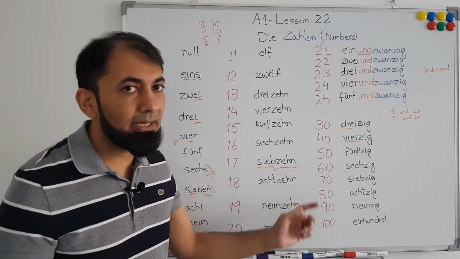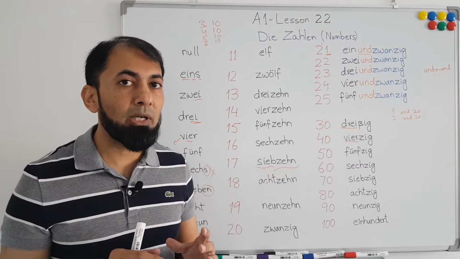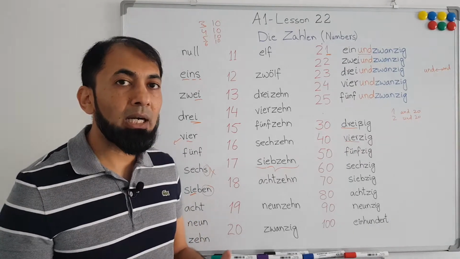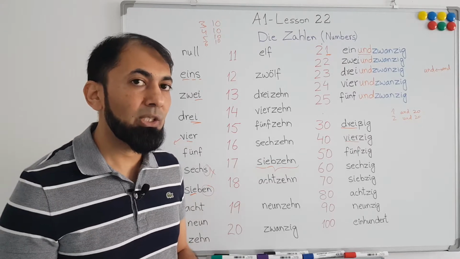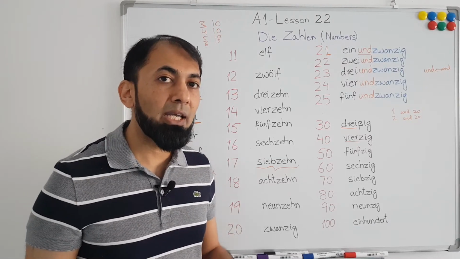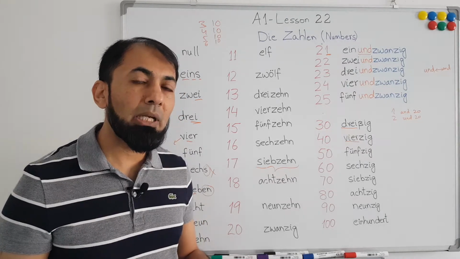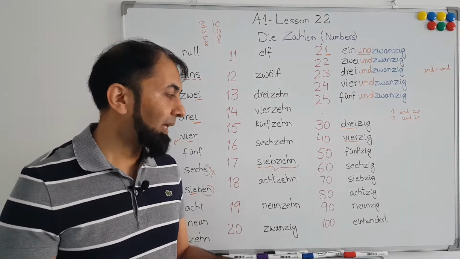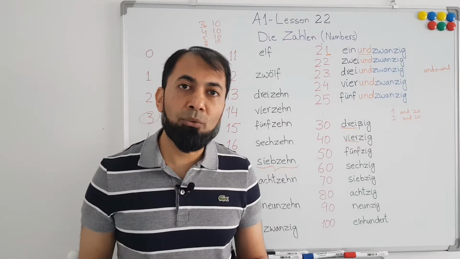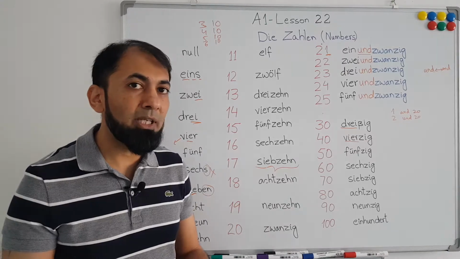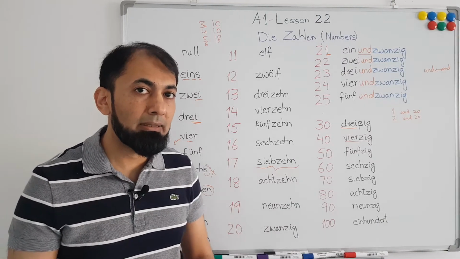Then comes 80. 80 in German is called achtzig. 81, ein und achtzig. 82, zwei und achtzig. 83, drei und achtzig. 84, vier und achtzig. Until 89, which will be neun und achtzig.